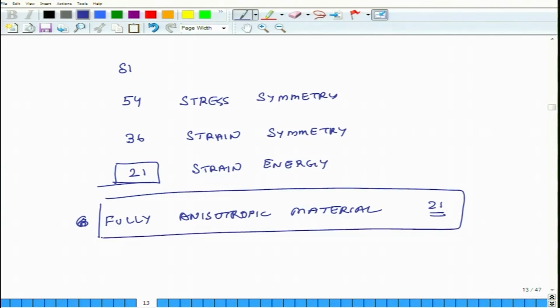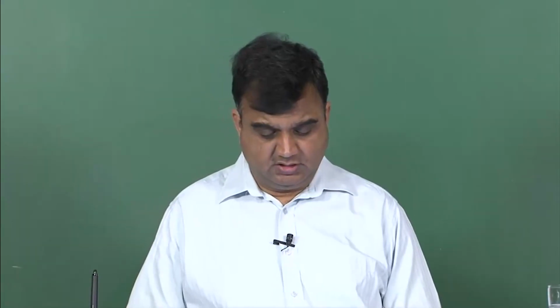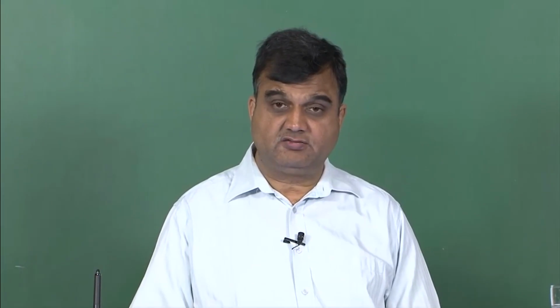But luckily, most of the time the type of composites which we use are not fully anisotropic, they have some further planes of symmetry. So, for special cases, this number will go down further. So, tomorrow we will discuss those special cases.